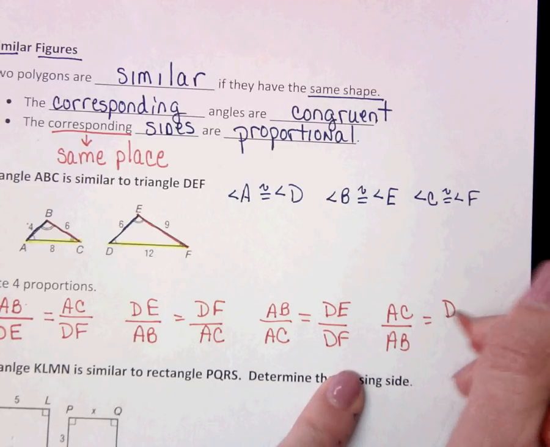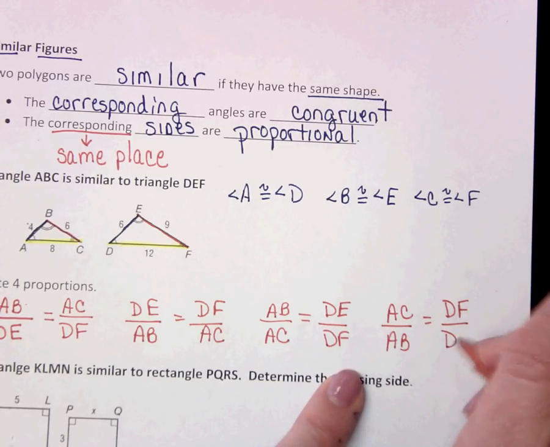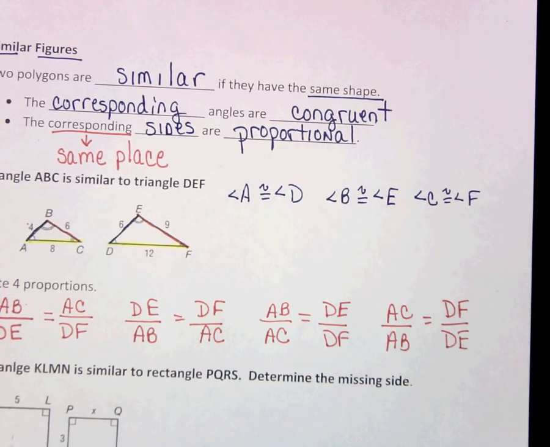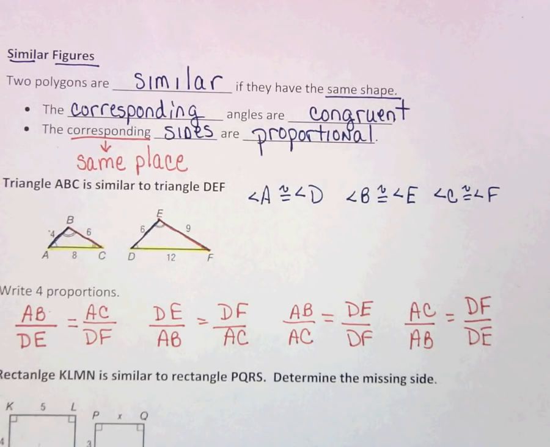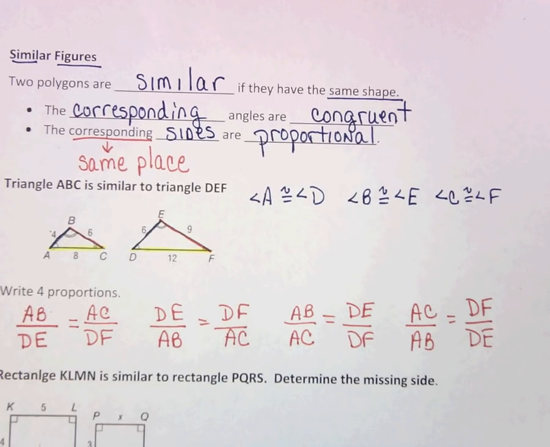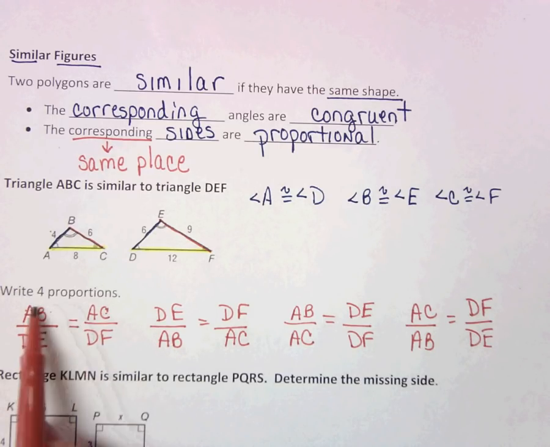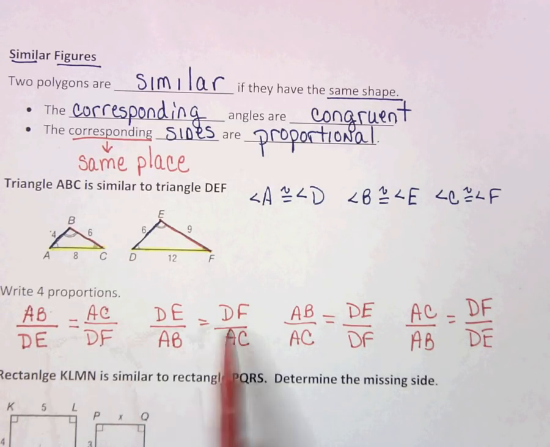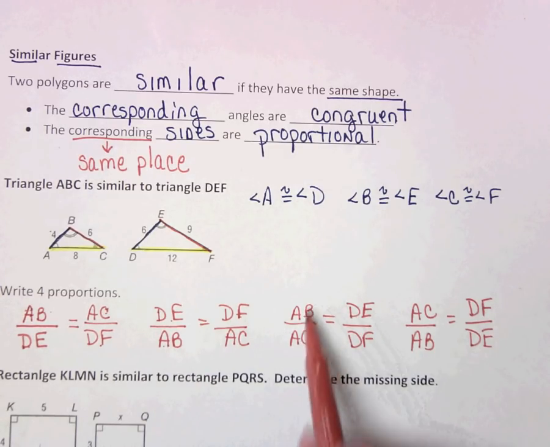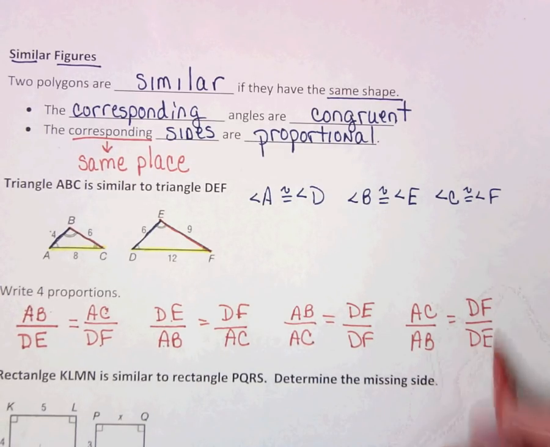And so what we just have to remember is we want to keep our corresponding sides together, keep our same triangles together. We don't ever want to be multiplying together two sides from the same triangle. So I would never multiply these two together. I would never multiply these two together. And you can see that they're always sideways from each other or up and down from one another.